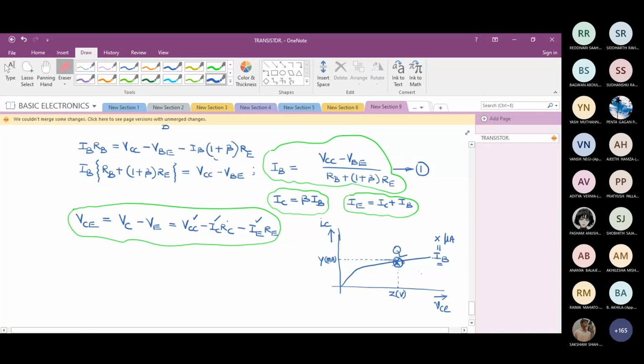That is the importance of the operating point. If it is in active region, the device is capable of amplifying the signal. If it falls in saturation or cutoff region, the device is not capable of amplifying. It is capable only under the condition that it is in active region.